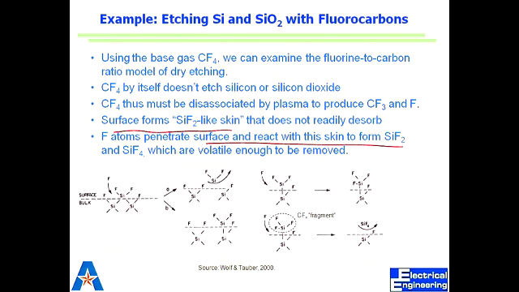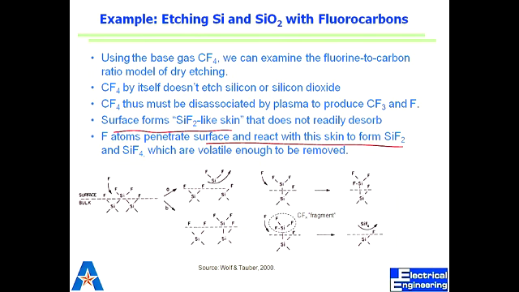You can see fluorine atoms penetrate the surface and react with, first of all, the surface, forming silicon fluoride SiF2 like a skin that does not readily dissolve. As I told you, after the CF4 is dissociated into CF3 and fluorine, those fluorine ions or even fluorine molecules are very reactive, and get in reaction with the silicon surface, and initially SiF2 is formed.